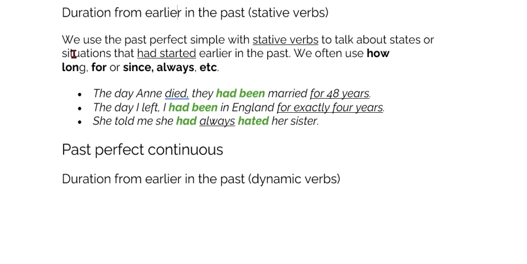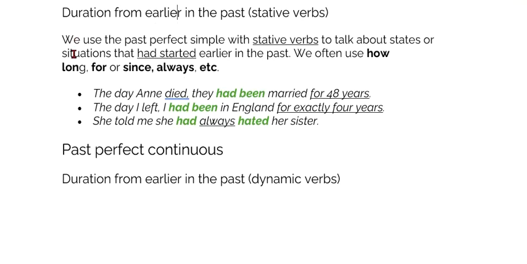The next point about past perfect is duration from earlier in the past, with stative verbs. First things first, stative verbs are verbs which cannot be used with ing. They refer to a state of your mind.